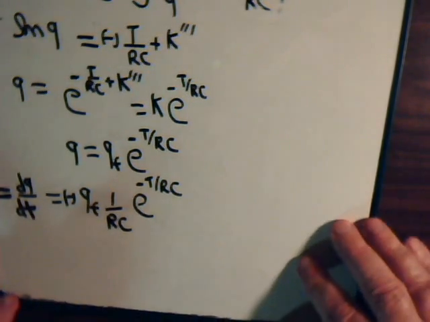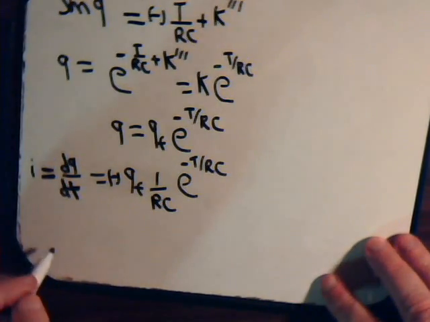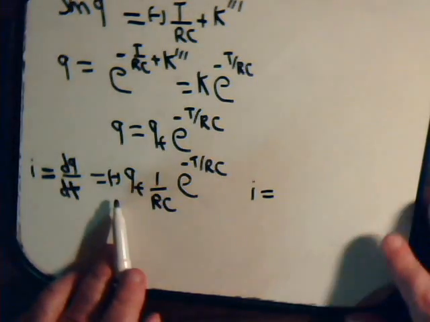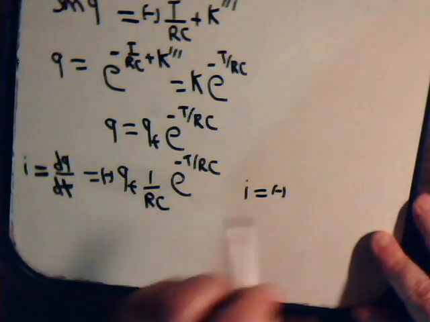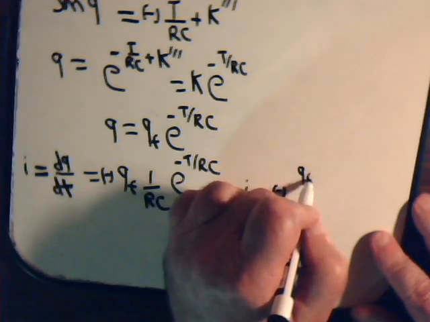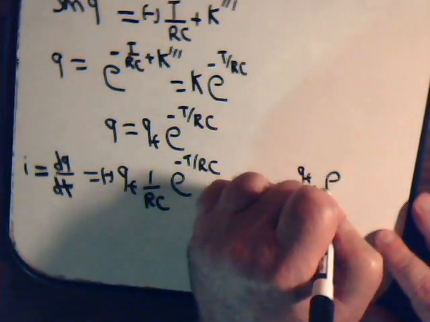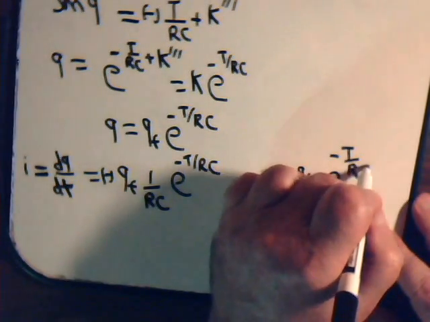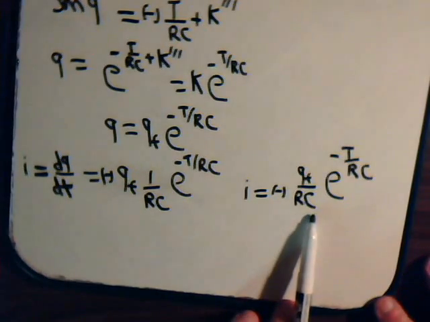So we have that I, the discharge current, equals minus sign here, QF over RC times e to the minus t divided by RC. Now, what is QF divided by C?